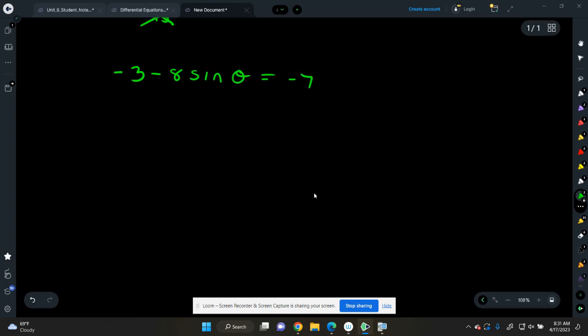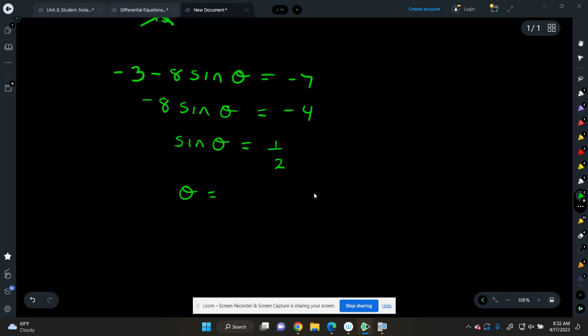Let's see. Number 2, we've got negative 3 minus 8 sine theta equals negative 7. All right, so I'm going to add 3 to both sides. We get negative 4, and then we'll divide by negative 8, so we get a positive 1/2.